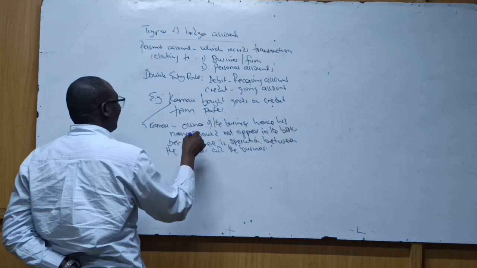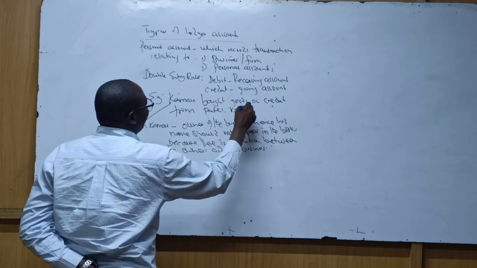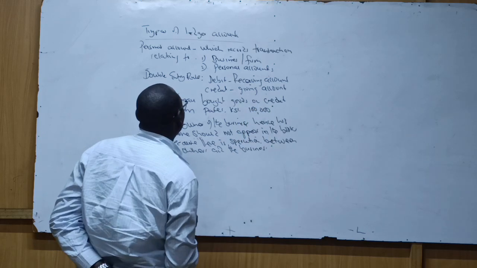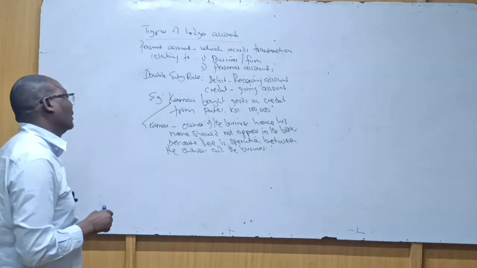So Kamau bought goods on credit from Patel, Kenya shillings 100,000.